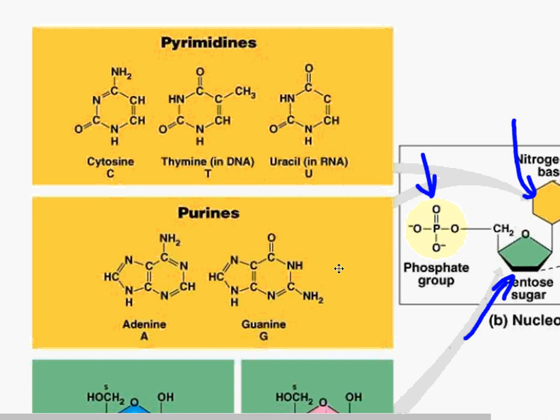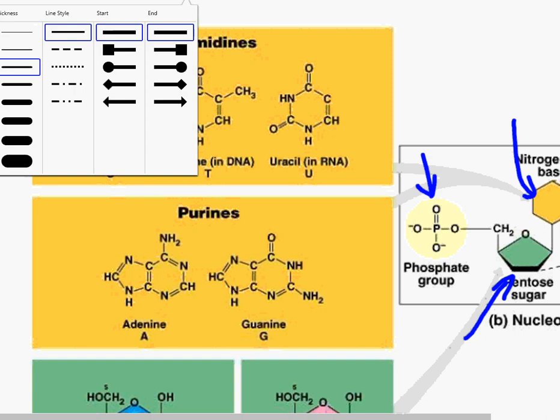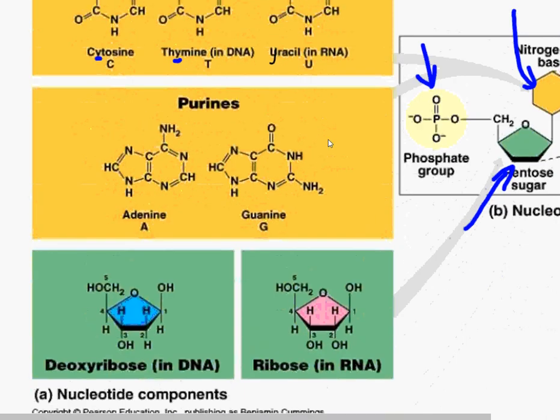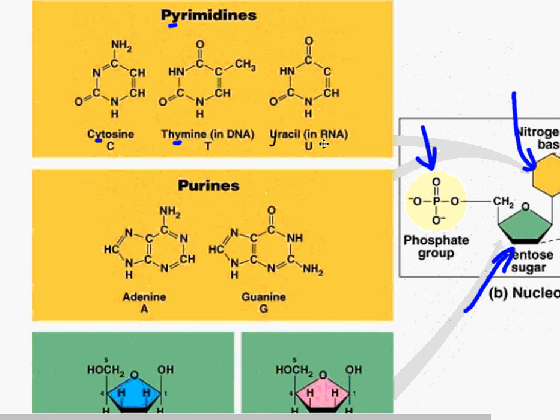One way that I remember the pyrimidines is they all have a Y in them, except of course uracil, which I guess if you were creative you could kind of imagine that being a Y, if that helps. And then the purines, of course, adenine and guanine, and these bases form pairs with each other.